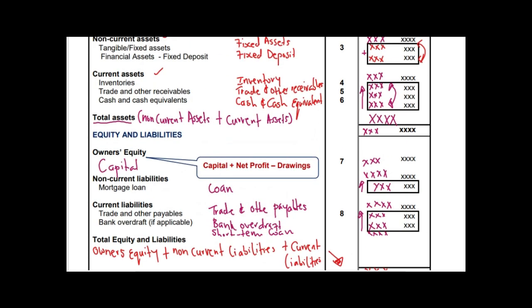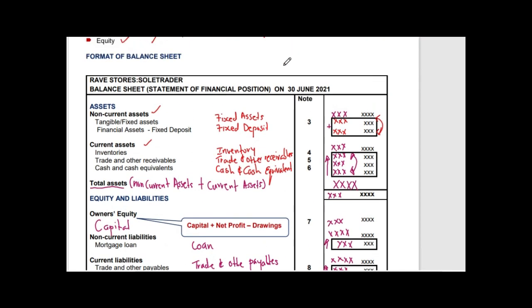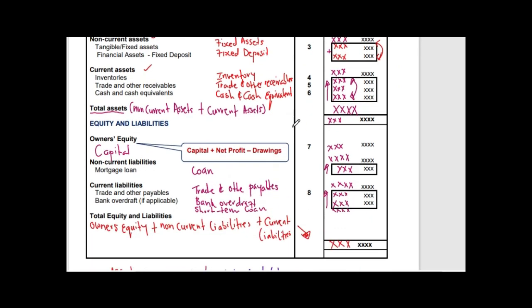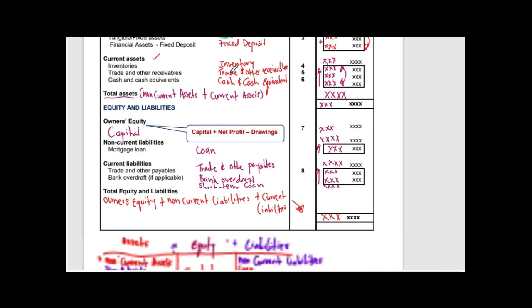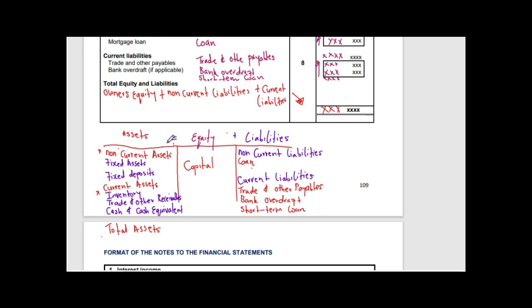And then the most important thing that we need to know whenever we prepare a balance sheet is that, as we spoke, asset equals equity plus liabilities.